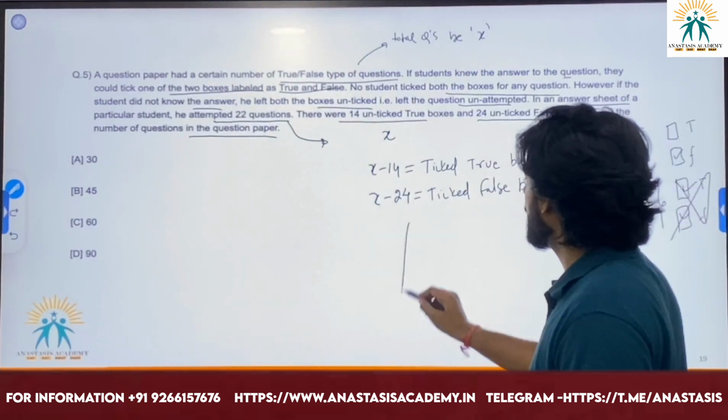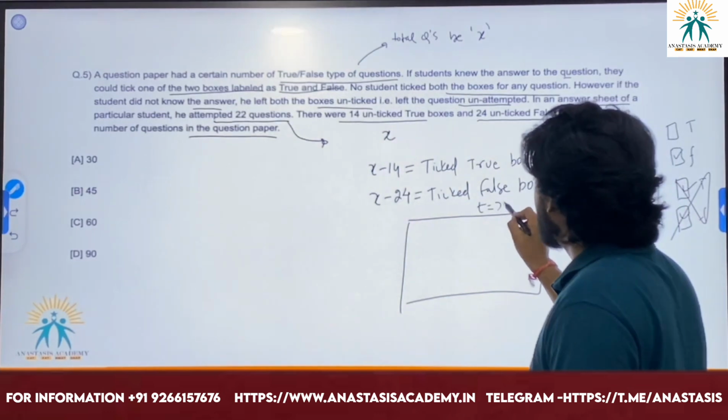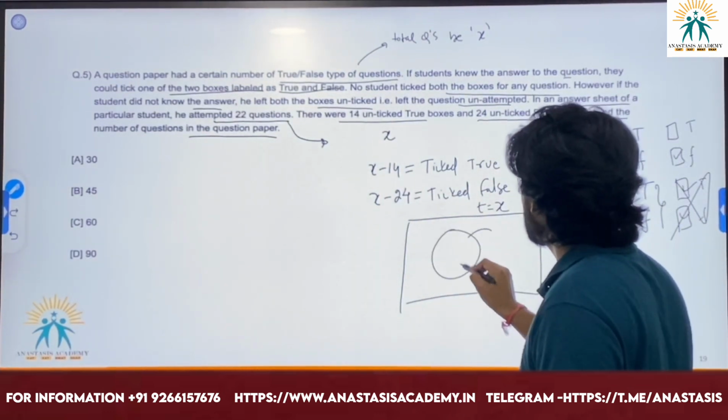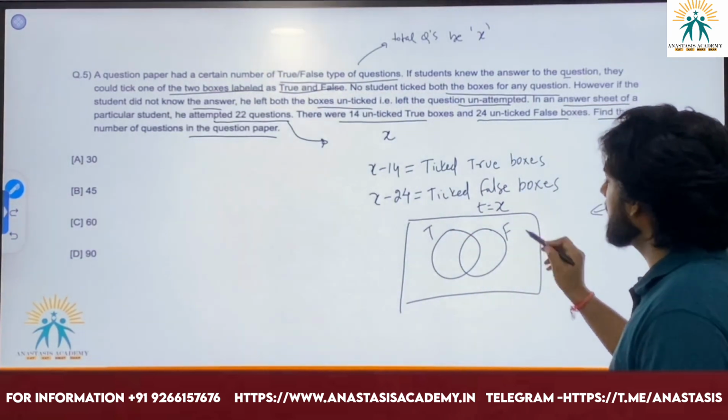So let's draw the Venn diagram. The total number of questions is x. These are two regions, the true boxes and the false boxes.